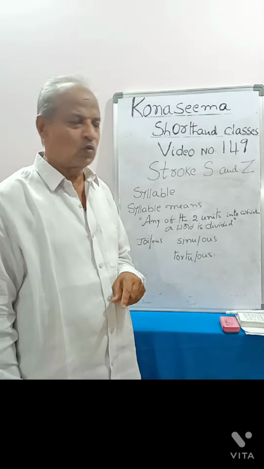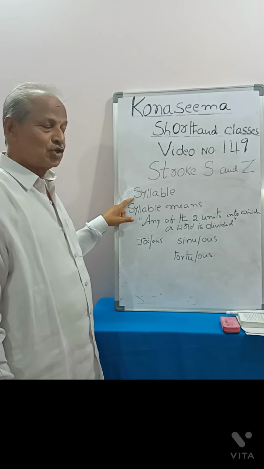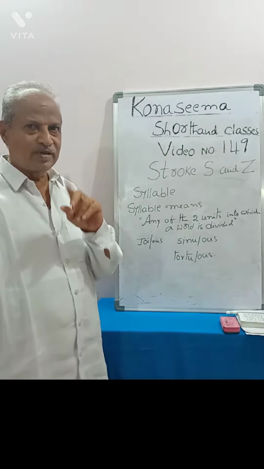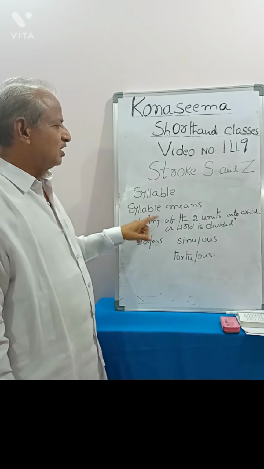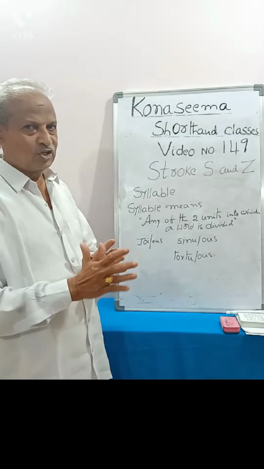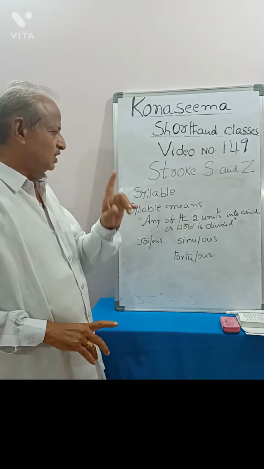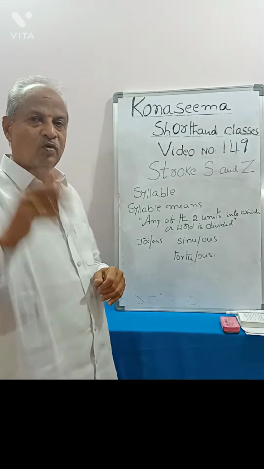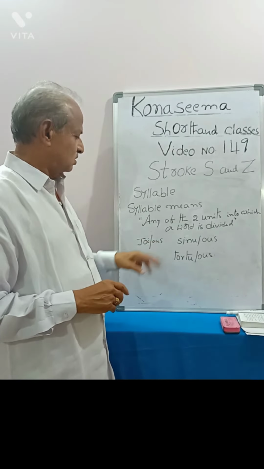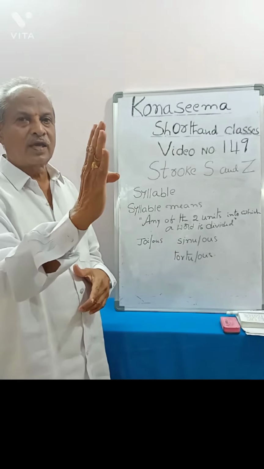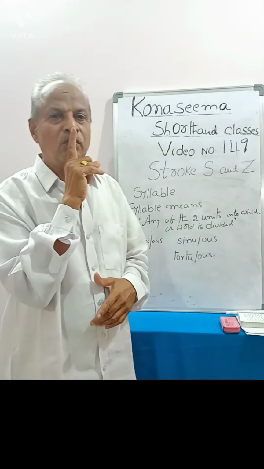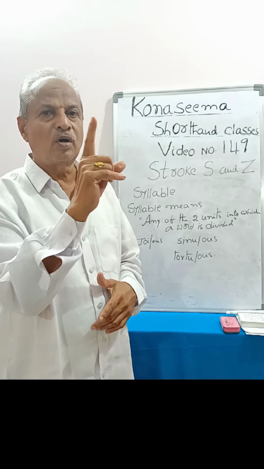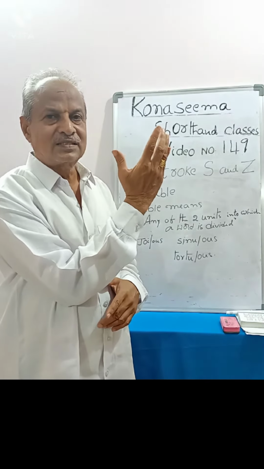Before telling the next rule, I want to explain the syllable. Syllable means any of the units into which a word is divided. That is called a syllable. For example, joyous: joy, us.